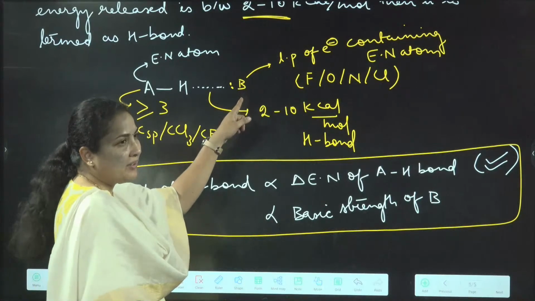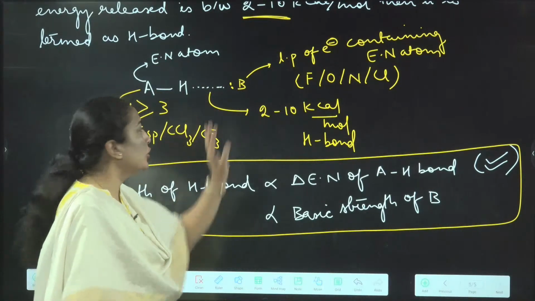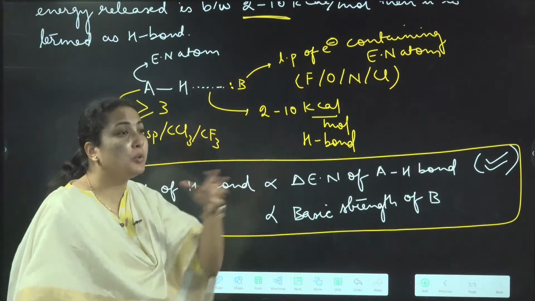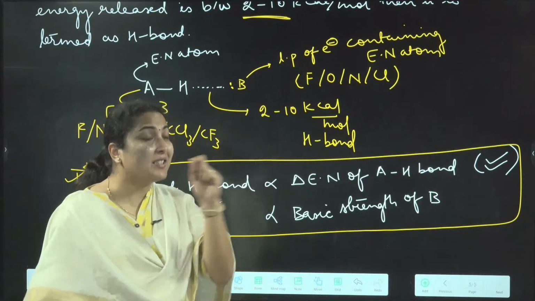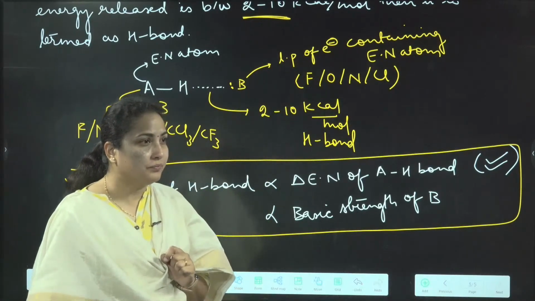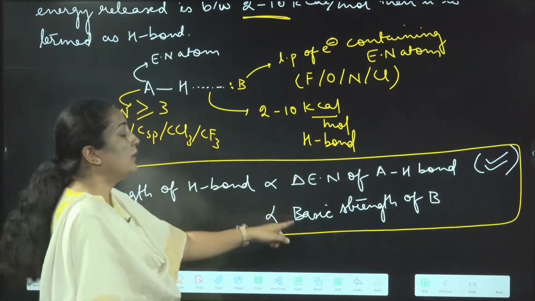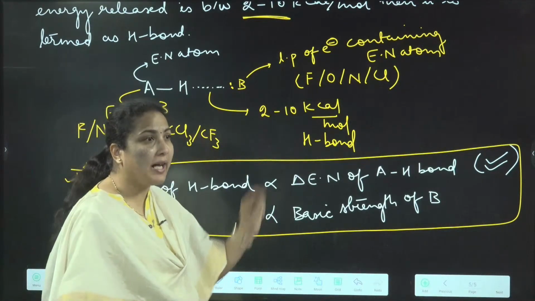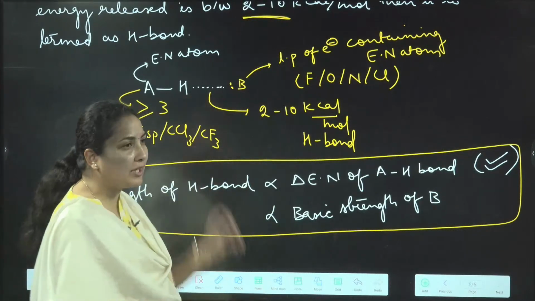Hydrogen is attracting the lone pair of electrons, right? So this particular B should be a good Lewis base. That means it should be happy to share its electron, easily able to share its electron. If it is easily able to share its electron, then its basic strength is going to be high, and because of that, hydrogen bond strength is going to be more, because there is more force of attraction.